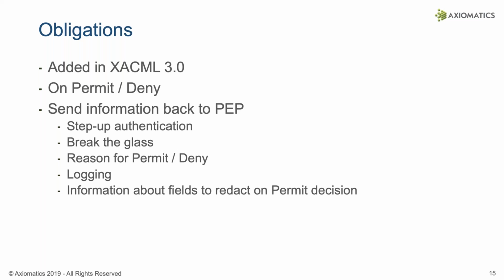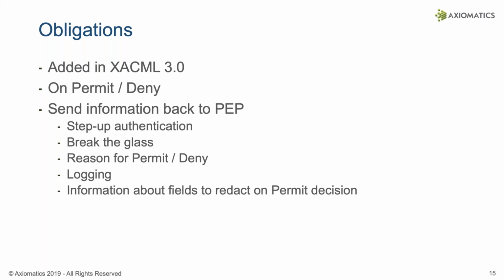There are more usages for obligations. You can send information back to the enforcement point. That is essentially the functionality of obligations. So you're not constrained to only leveraging this for what I'm looking at doing here, returning some metadata, we can call it, around what information should be redacted.